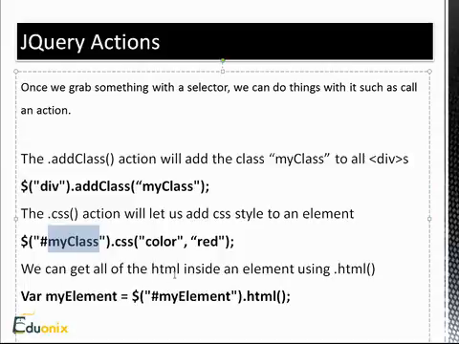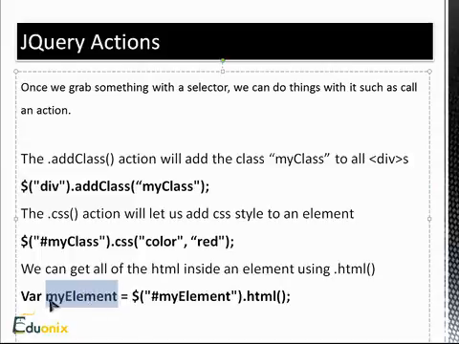We can get all of the HTML inside of an element using .html. So let's say here we're creating a variable called myElement, and I probably should have mentioned that you can create variables and arrays and all that just like we did in JavaScript when you're dealing with jQuery.